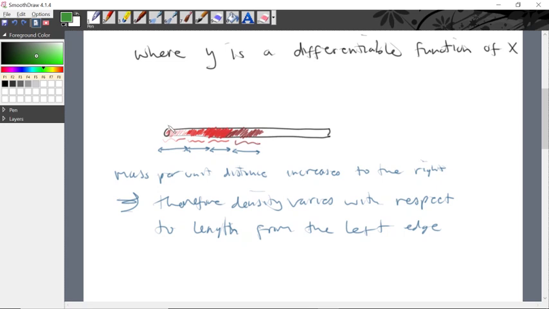So let's say we took the amount of mass on this segment right here, call it M1, and divide it by the length of the segment, I'll call that D1. That would give us the density of this region right here.